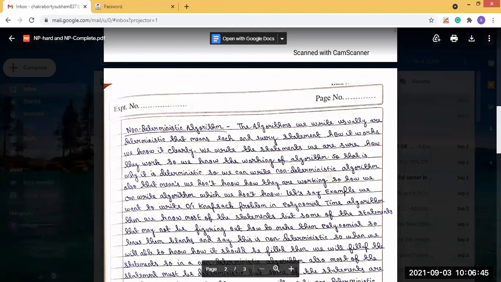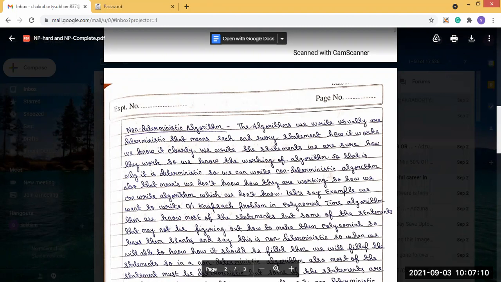Then I will leave a blank on that statement. Most of the statements must be deterministic, because we already know them, but some statements we do not know, and how they work we also do not know.